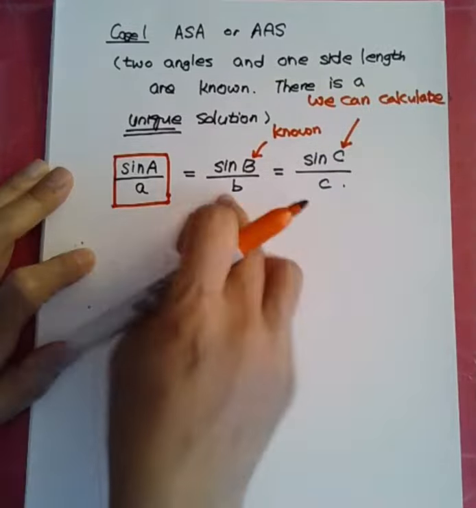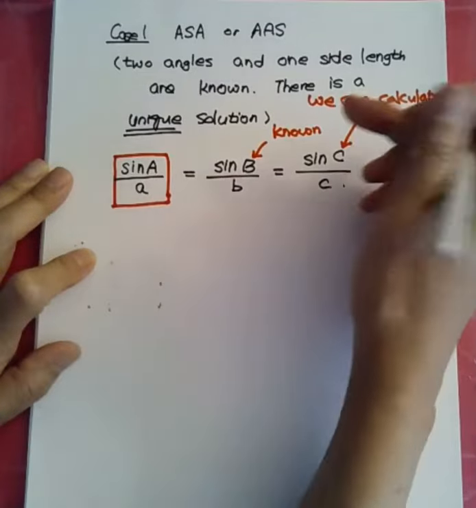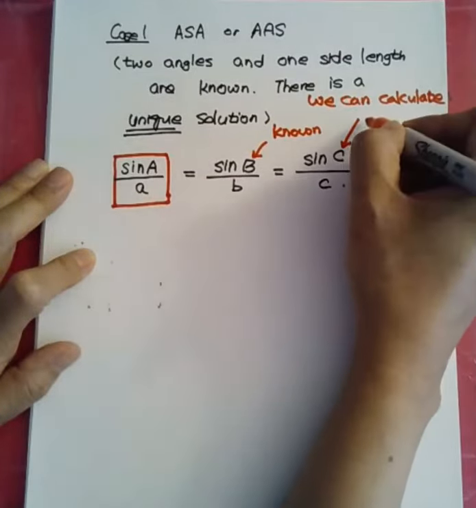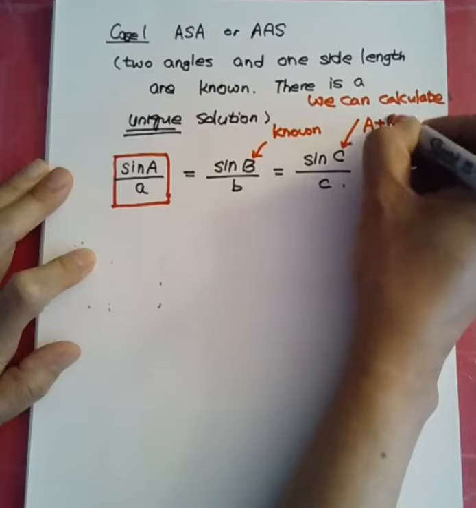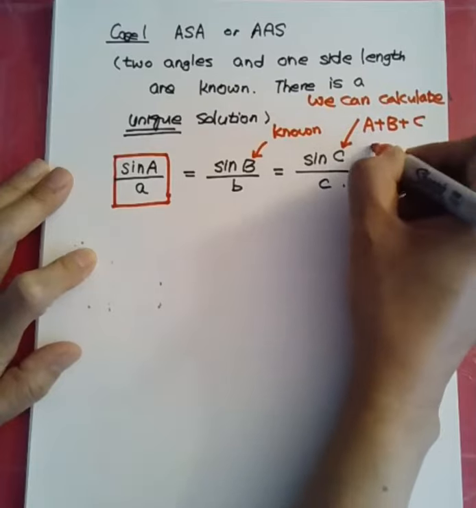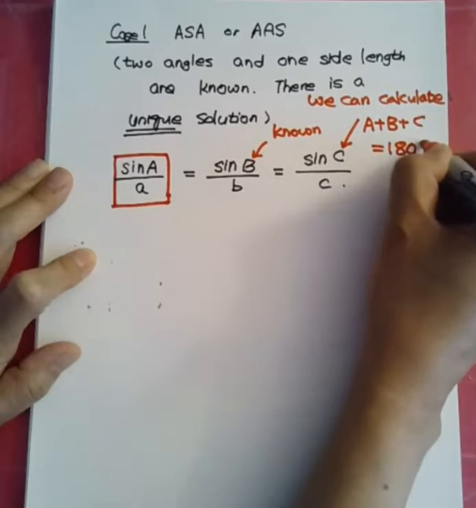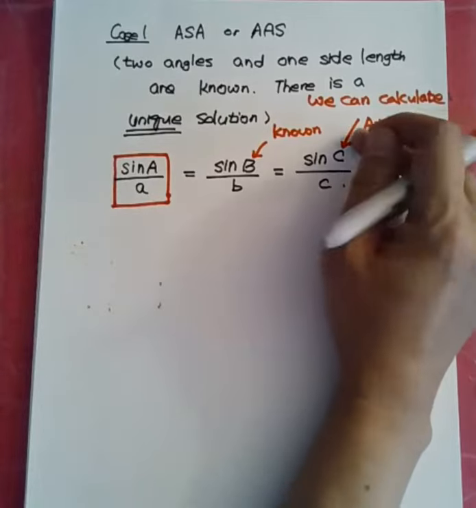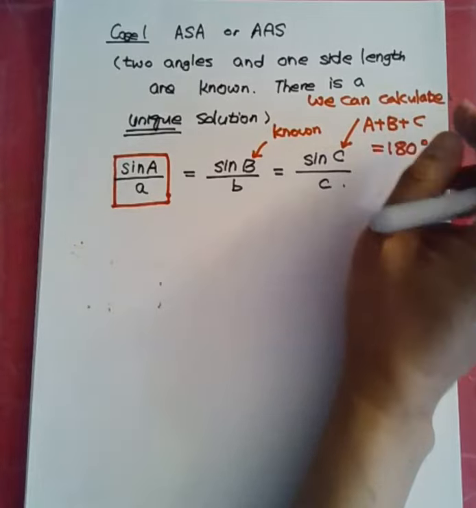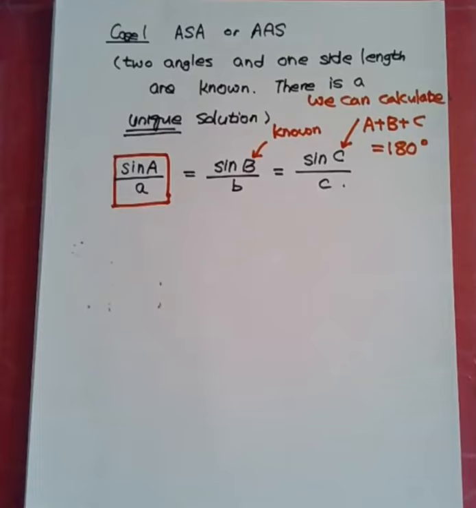That means all three angles are known. We can calculate this angle because we know A plus B plus C equals 180 degrees. And A and B are known, so we can just solve for C.